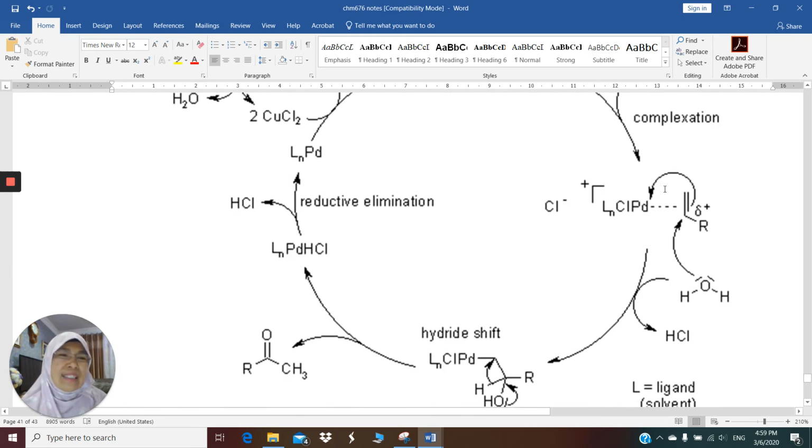And once that is added, there is a chain reaction where the electrons from water will do a nucleophilic attack onto this carbon here, because it already has a partially positive charge. And then you have the electrons hopping onto the palladium.